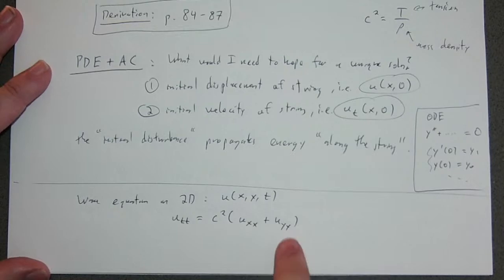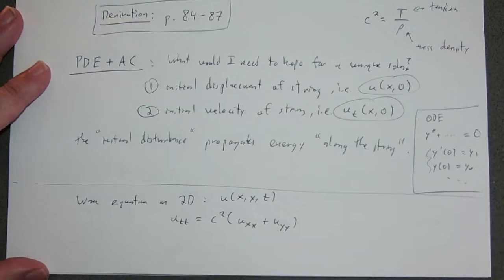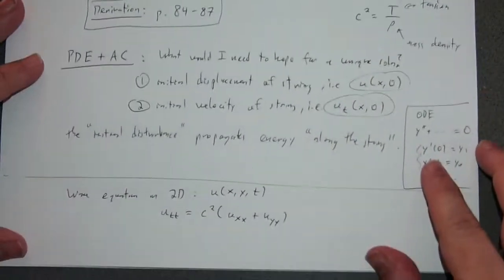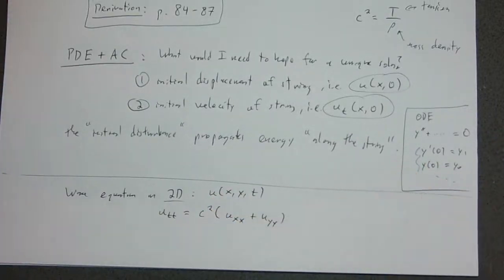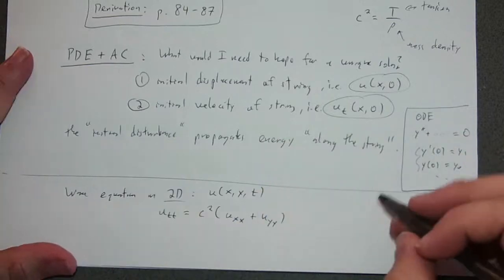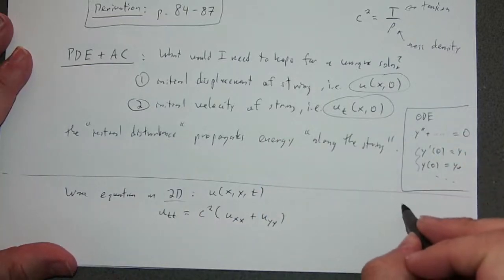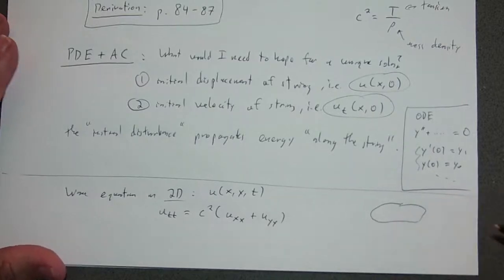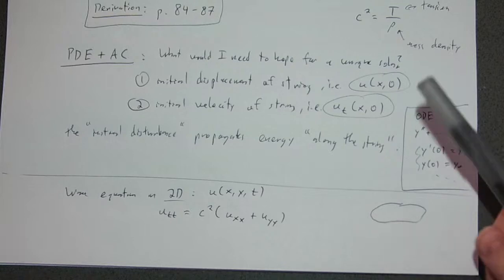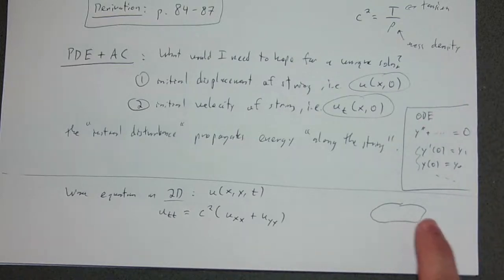The thing being disturbed now is no longer a string, no longer a one-dimensional thing. It is a two-dimensional thing. You can think of it as the top of a drum, some surface. I can think about an initial disturbance. Maybe think of it as a rug you've pulled taut, and then you ruffle it, introducing ripples into the rug.